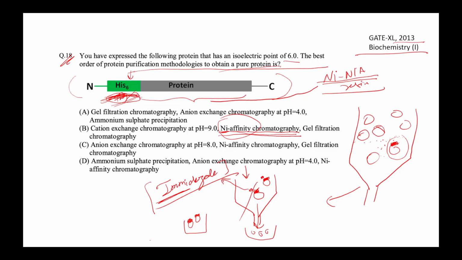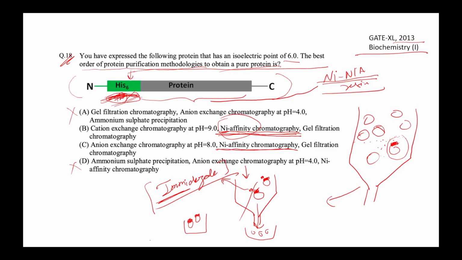Here in the question it has been asked the order of protein purification methodologies. If we see all the 4 options, only 2 options have nickel affinity chromatography, so the other 2 options are automatically wrong, because if a histidine tag is there, the best technique to purify the protein is nickel affinity chromatography.